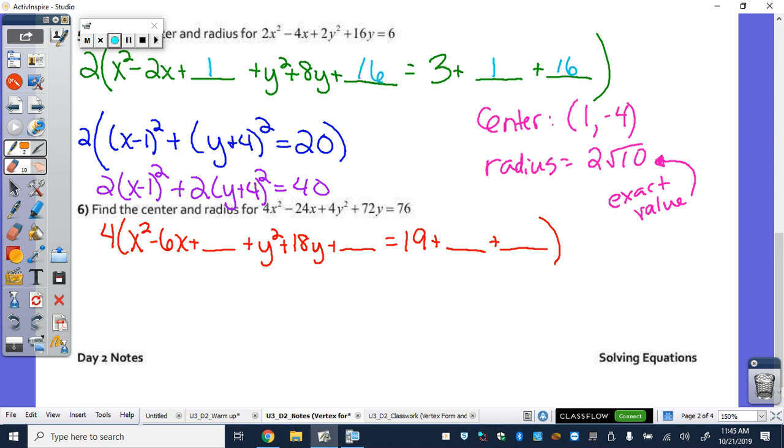So what goes in the space from our x? 9. And then for our y, 81. So I'm going to try to do 2 steps in one. How would my x's factor here?